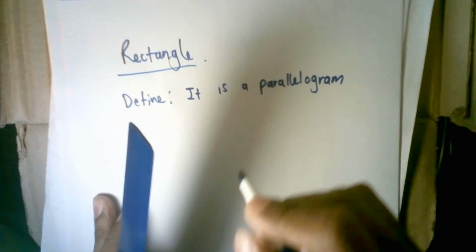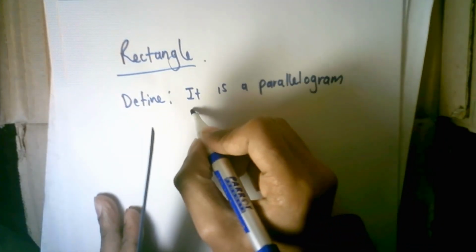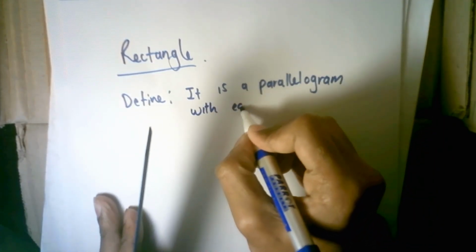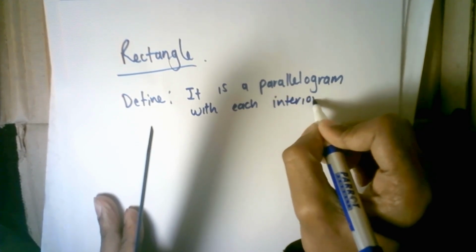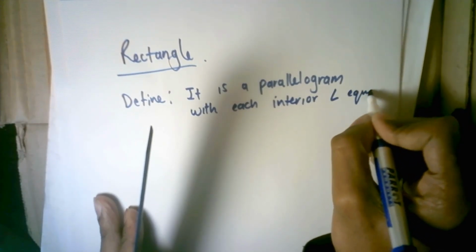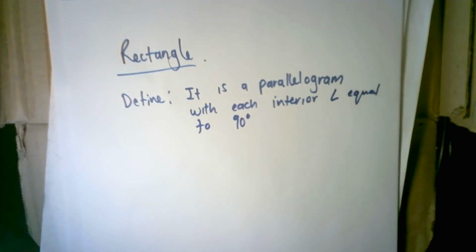But now what differentiates a rectangle from a parallelogram? A rectangle has interior angles that are equal to 90 degrees, with each interior angle equal to 90 degrees respectively. So each angle is equal to 90 degrees.